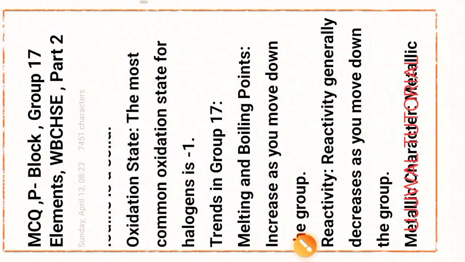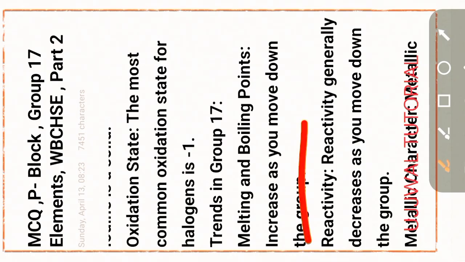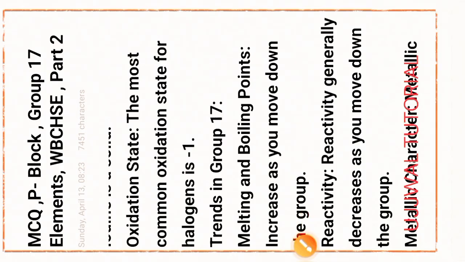Melting and boiling points increase as you move down the group. Reactivity generally decreases as you move down the group.